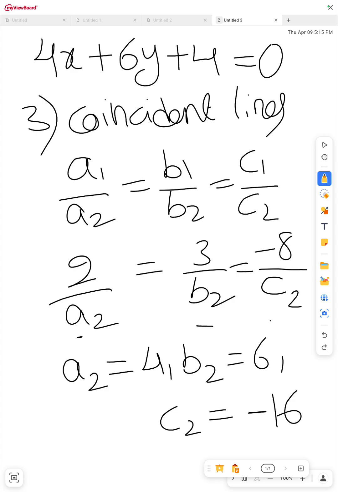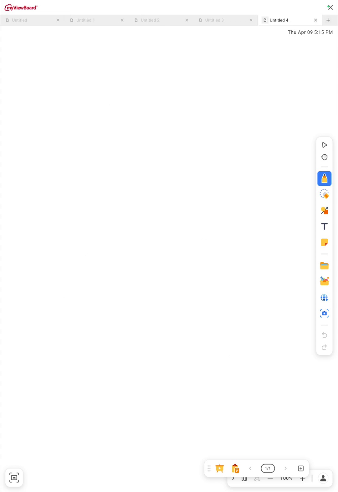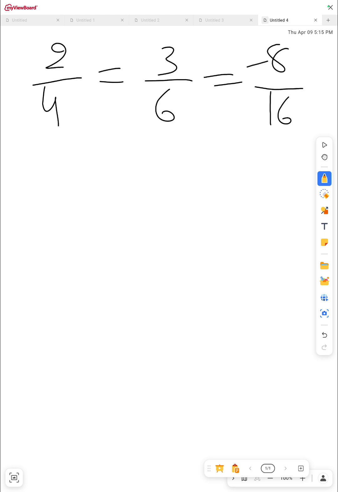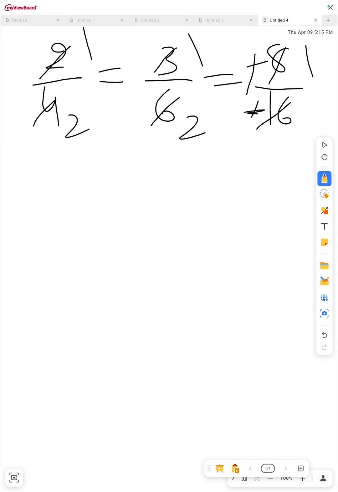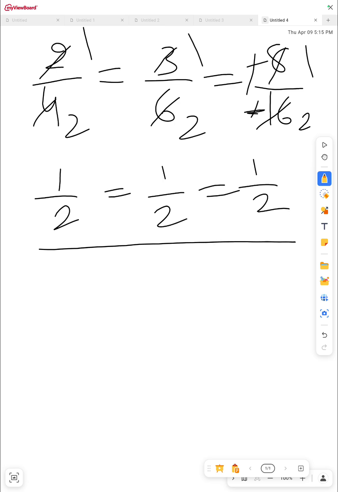Then we get 2 by 4, 3 by 6, and minus 8 by minus 16. Now cancel: 2 ones are 2, 2 twos are 4; 3 ones are 3, 3 twos are 6; 8 ones are 8, 8 twos are 16, and minus minus cancels. So all values are the same: 1 by 2, 1 by 2 and 1 by 2. If all values are the same, then it is called coincident lines.